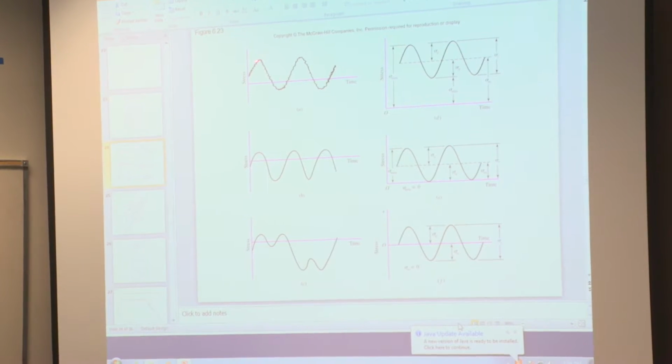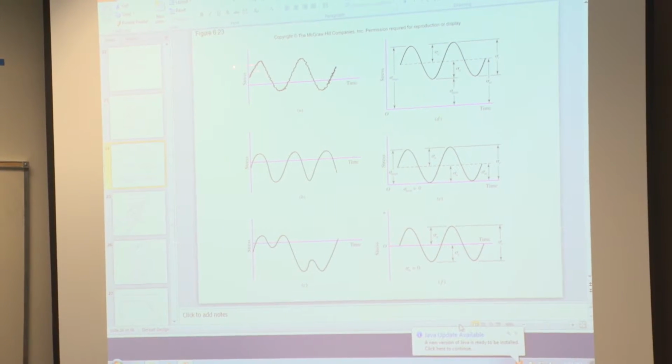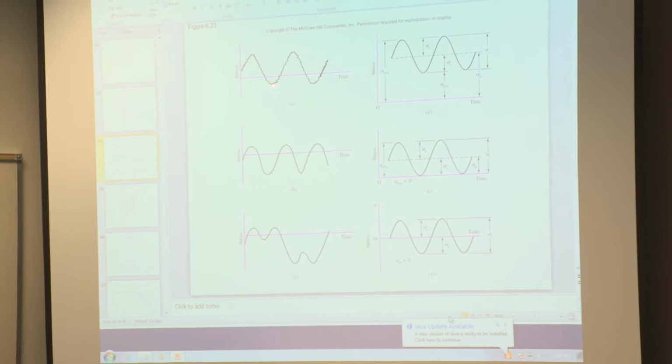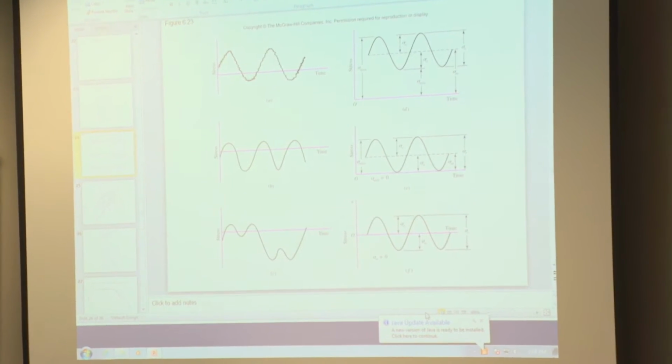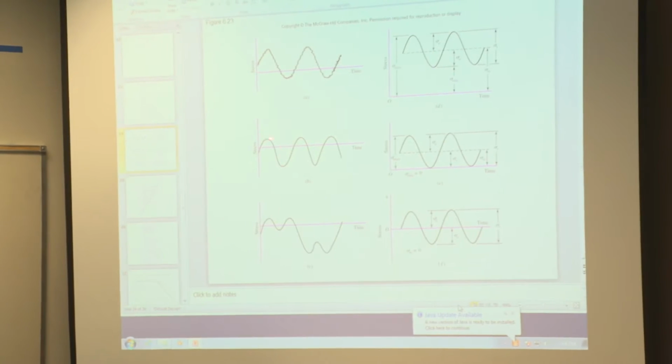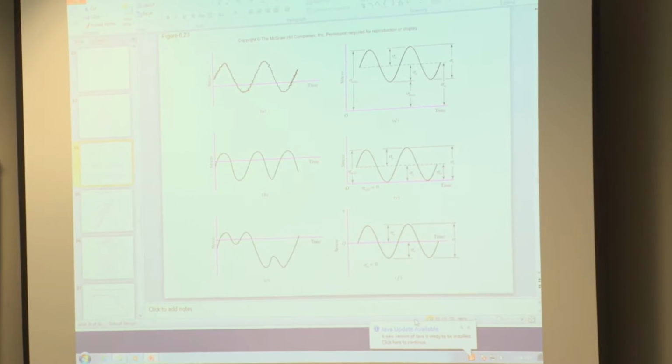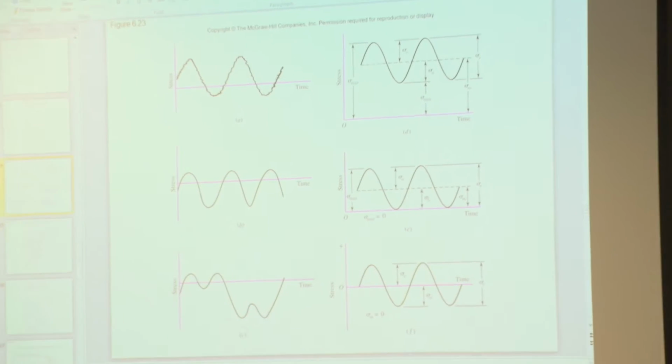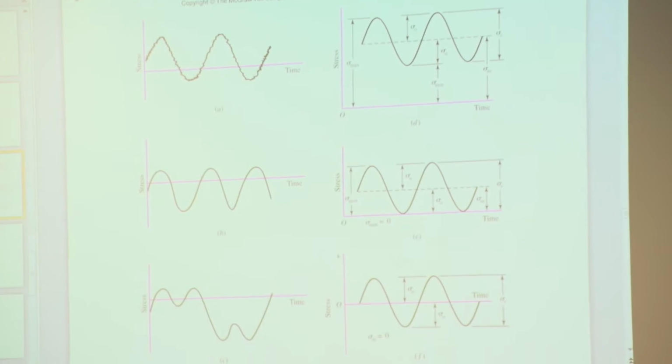In this case, the magnitude of the maximum tensile stress and the maximum compressive stress are not the same. The tensile is more than the compressive. Could have it this way: tensile less than the compressive. Or something maybe with a double hump like this. That's much more difficult to analyze. Or something like that.